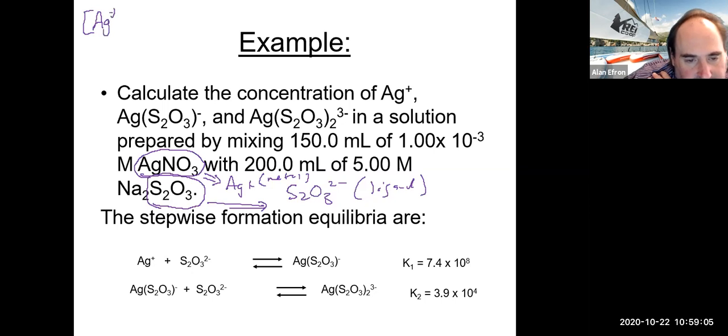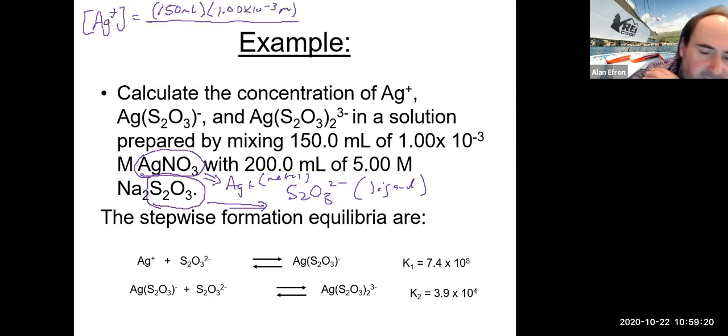So looking at our silver, it looks like we have 150 milliliters times 1 times 10 to the minus 3 molar divided by the total volume. So here we are mixing 150 milliliters with 200 milliliters, and that should give us something like 350 milliliters in this particular case.